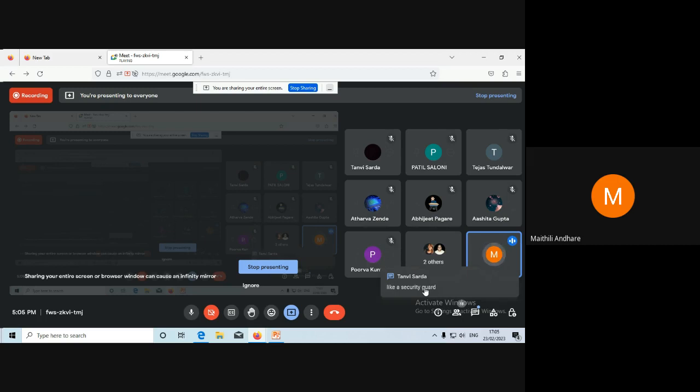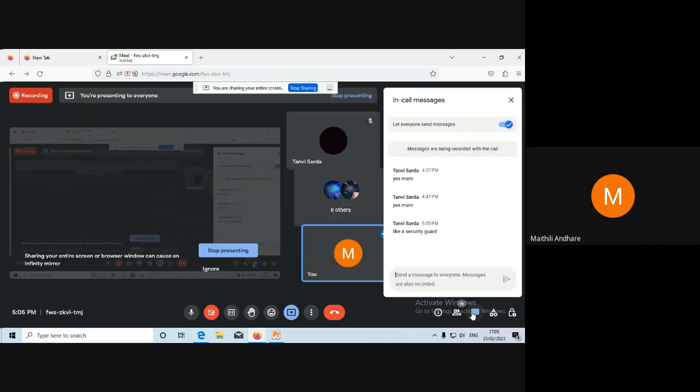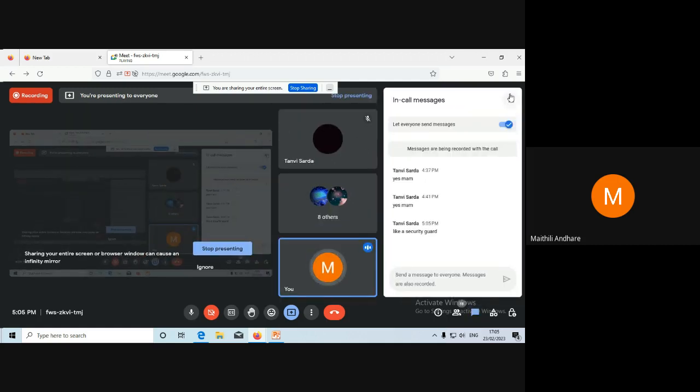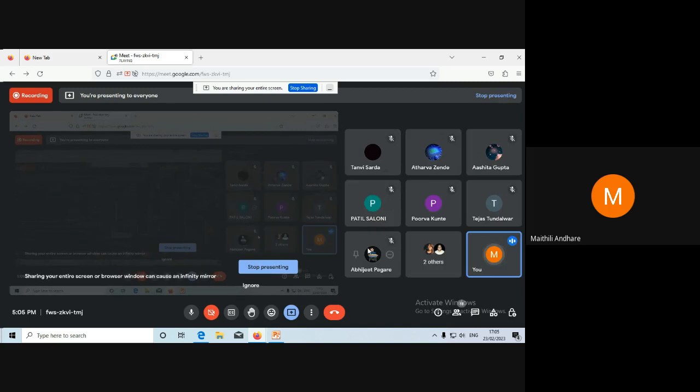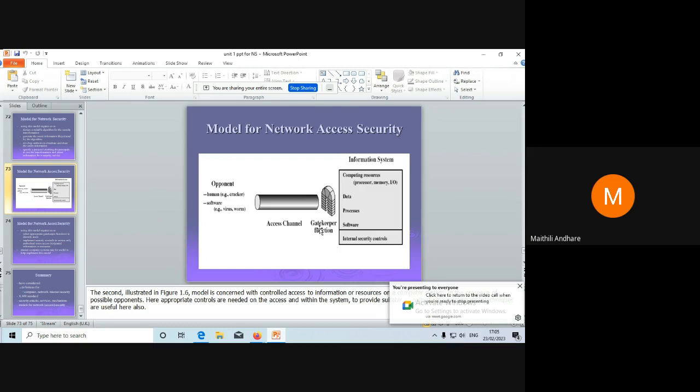In day-to-day life also you can use this. Yes, Tanvi, to some extent it is correct. It is a gatekeeper or a guard, so as to give protection, so as to maintain security. But here we hear the word firewall.